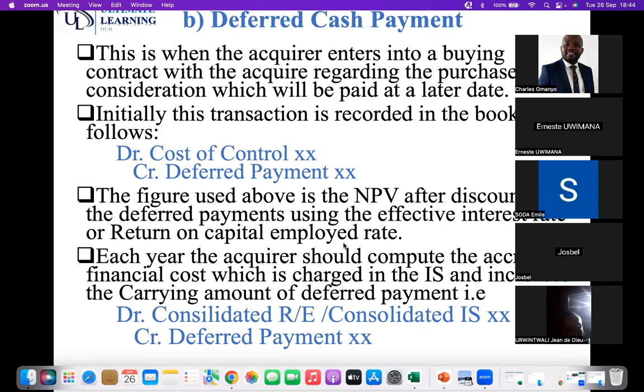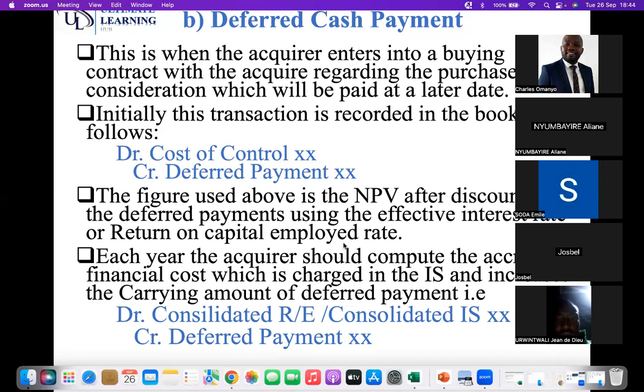Now, this discounted value, the present value, is what you take and use to calculate the goodwill. This discounted value is what is known as cost of investment. It is what you use to value your goodwill.